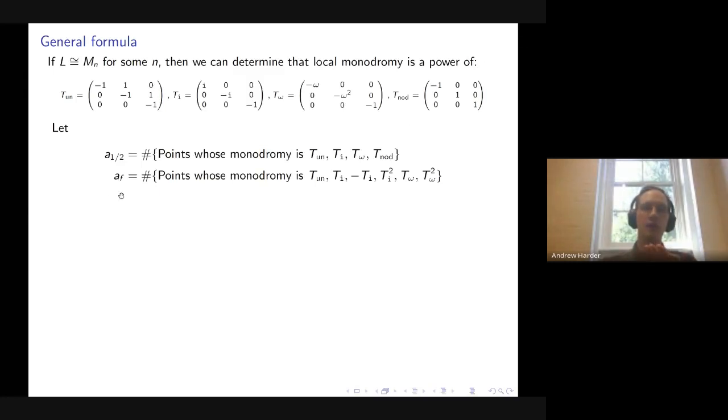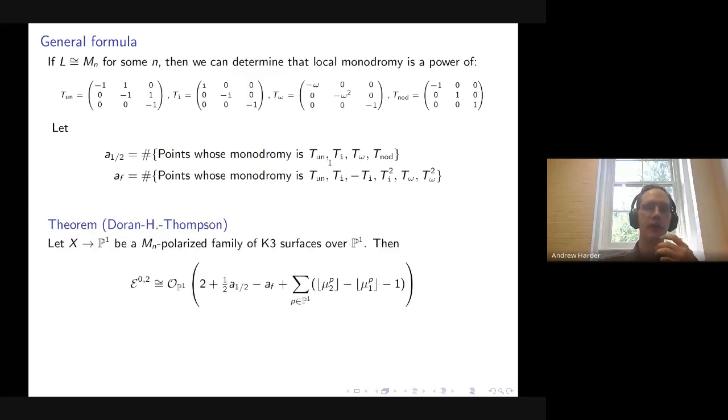And then we just define these somewhat arbitrary invariants, A_{1/2} and A_F. This is just a way of organizing into groups different singular fibers which give different contributions to parabolic degrees, essentially. These things can count the same points in both categories. This is just some bookkeeping device.